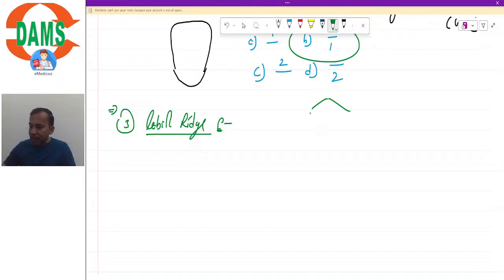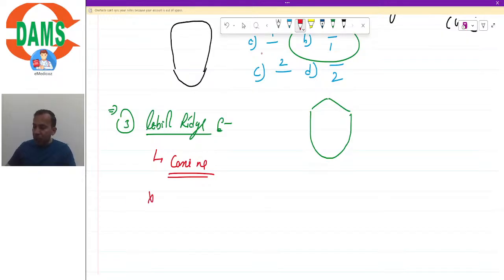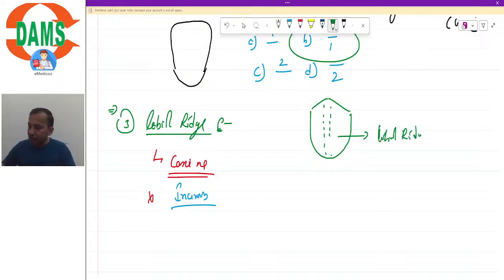This labial ridge is exclusive to the canines. It is not found in incisors, right? It is an exclusive feature of canines, and in canines it runs cervicoincisally.